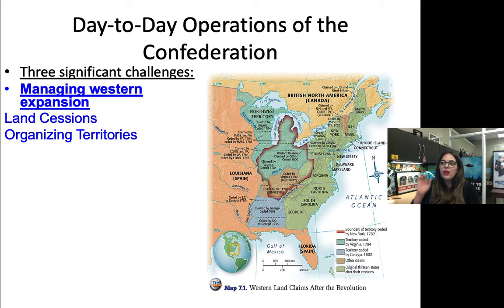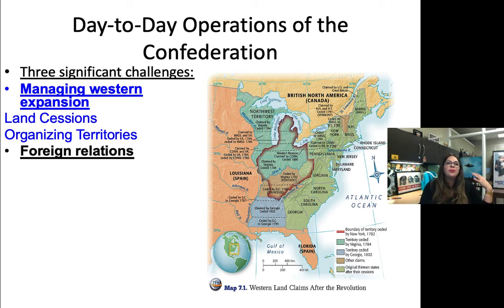The federal government is trying to get them all to agree to give up any claims to the land west of the Appalachian Mountains. People are continuously moving out west, and they need to organize those territories, but it is a nightmare because there is so much fighting between the states as it is.